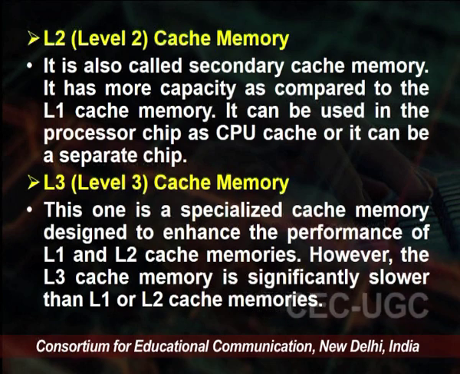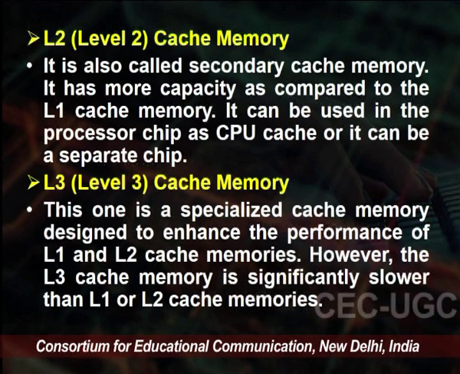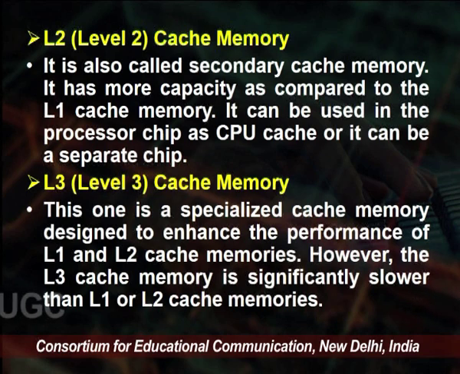Another type is L2, that is level 2 cache memory. It is called the secondary cache memory, and it has more capacity as compared to the L1 cache memory, and it can be used in the processor chip as CPU cache, or it can be a separate chip. Another is L3, that is level 3 cache memory.